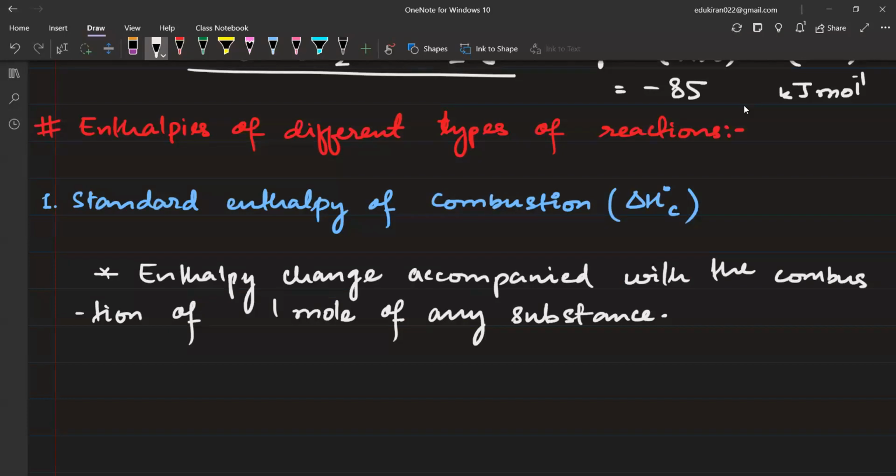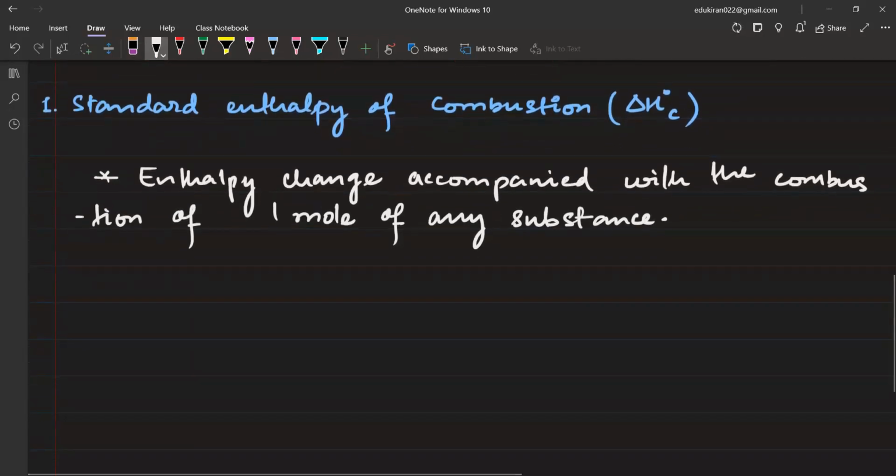Okay? So if you remember the enthalpy of formation, there the criteria was the formation of 1 mole. तो आपको वहां पे प्रोडक्ट में 1 mole of C2H6 जैसा हमने लिखा, ये लिखना जरूरी था. You would have to write 1 mole of this, right? Similarly, in this particular case, enthalpy accompanied with the combustion of 1 mole of any substance, I will have to start with 1 mole of the substance.